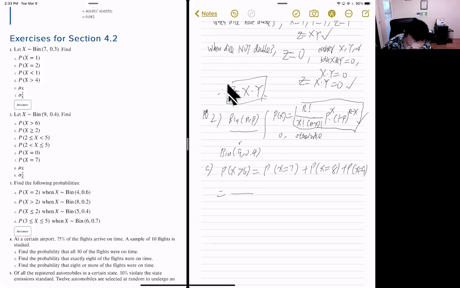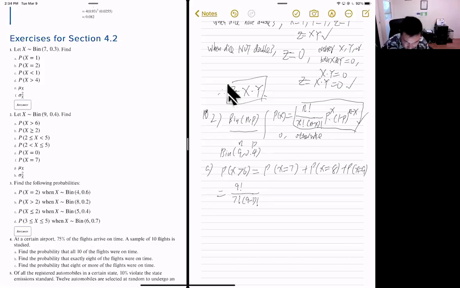So 9 is the n, p is equal to 0.4. We just do the first one, P(X equal to 7): that is factorial of n, so factorial of 9, over factorial of x, so x equal to 7, factorial of 7, times factorial of n minus x, so that's 9 minus 7, factorial of that.